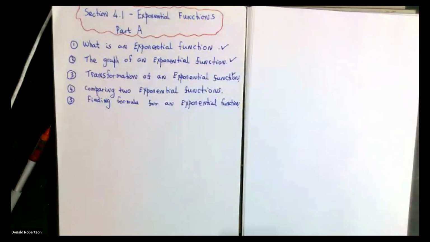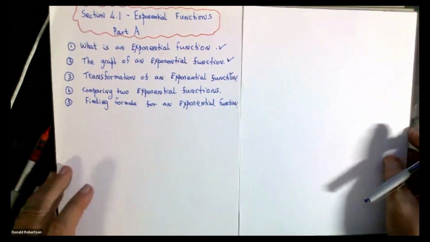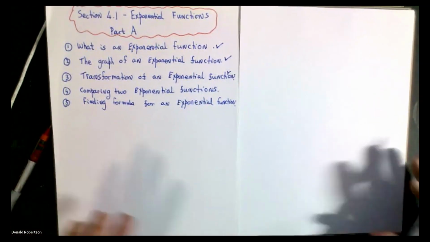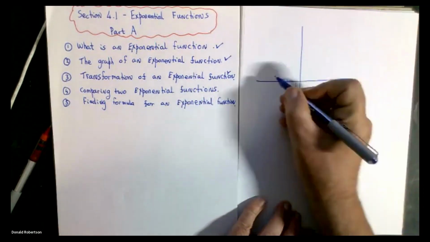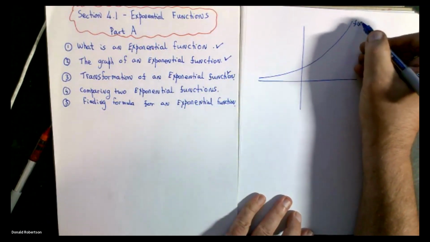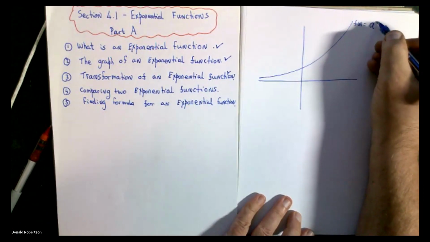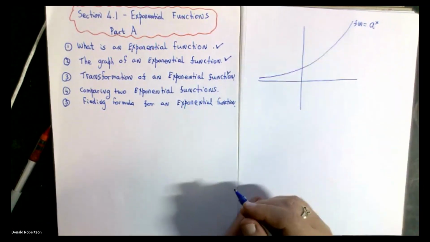So the last thing we're going to look at: can you find the formula of an exponential function if all you're given is that function's graph? And the answer is yes. So imagine that I gave you an exponential function. All I told you is that it was a to the power of x, and you need to just find out what a is to get the function.